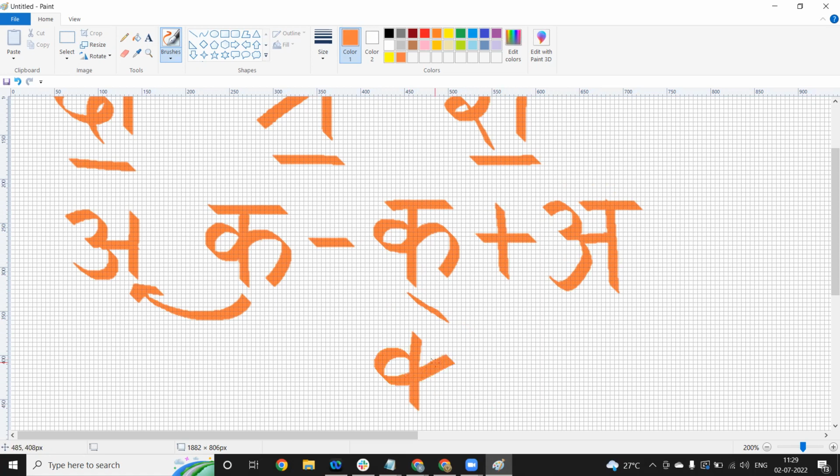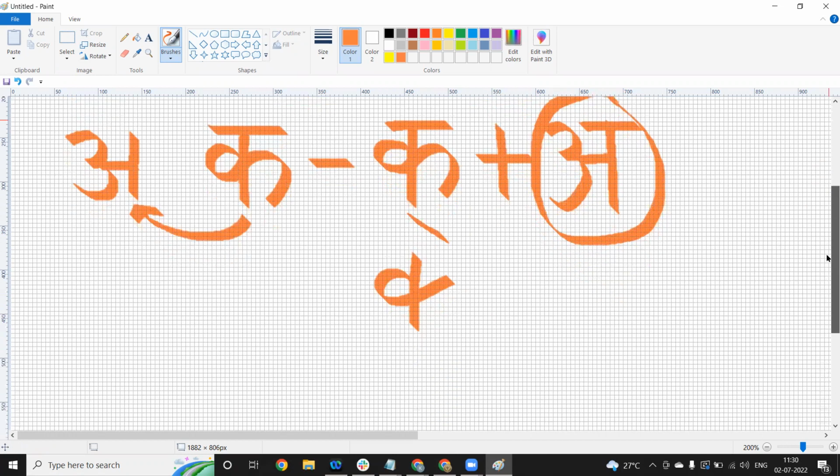So this half ka means that the sound a is missing from the letter. When the sound is missing, we write it like this and we pronounce it as k and not ka. So is that clear? What is a half letter, and why are all the sounds dependent on the swar for their completion? This is just an example with ka.